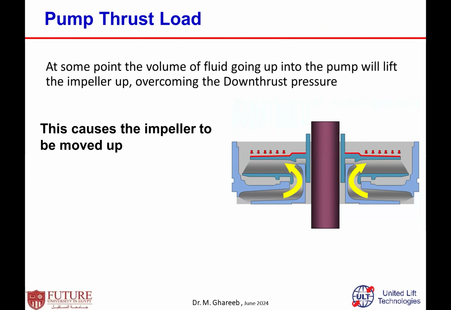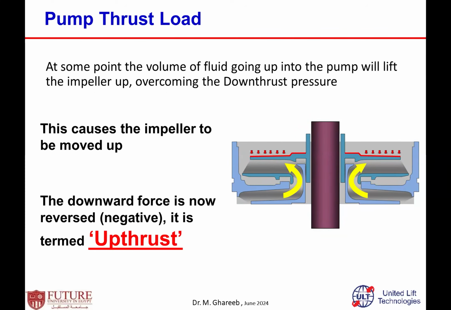On the other hand, if the fluid going from bottom to top is very high, this high fluid flow will push the impellers to go up. This causes the impeller to move up when, at a certain point, the flow is higher than normal. In this case we have up thrust, contacting the upper washers and the upper diffuser, and this causes an up thrust problem.